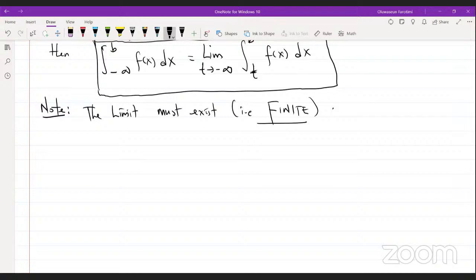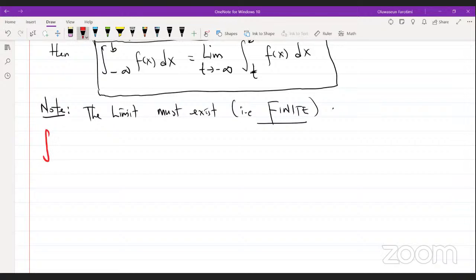All right, let's move on. Let's proceed. Now, I need to tell you guys, these improper integrals have two types. We have type 1 and type 2. Let's talk about type 1.